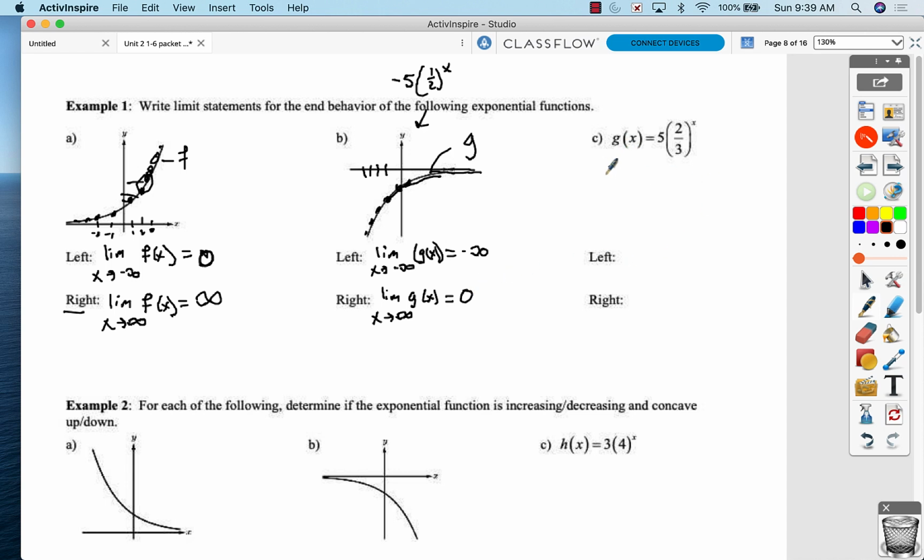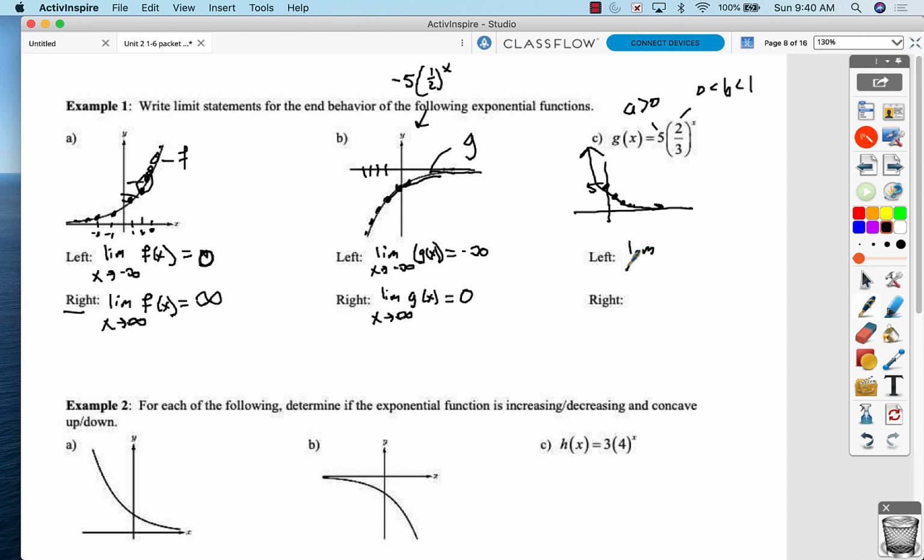Okay, so here on C, you have to know the form. So a is greater than 0, and b is between 0 and 1, so it's a fraction. So if the initial term is 5, then the next term is getting smaller because the next term is 2/3 of 5, and the next term is 2/3 of that. So this graph would be looking like that.